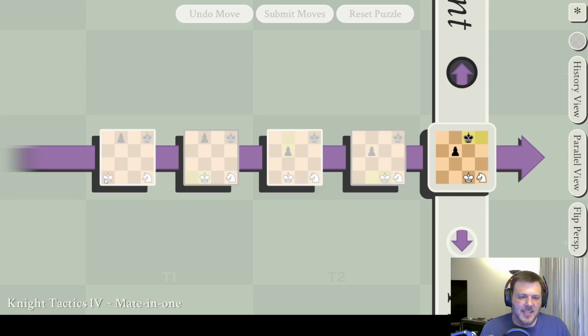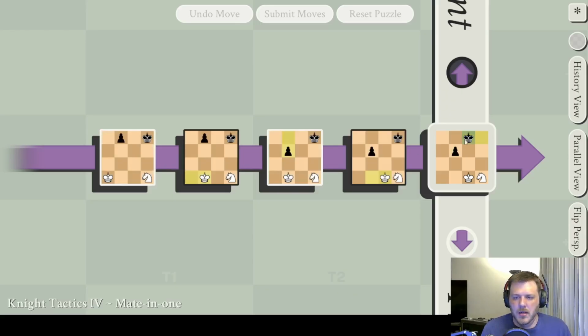So let's see what happened. So king moved up, pawn moved up, king moved up, king moved sideways. And so this is a mate in 1 situation.